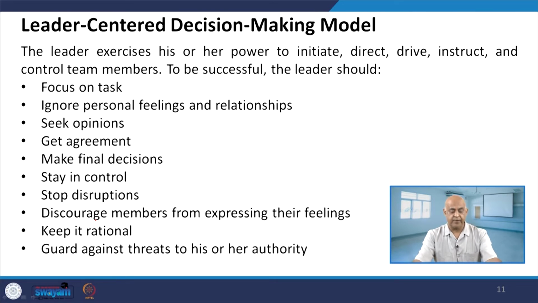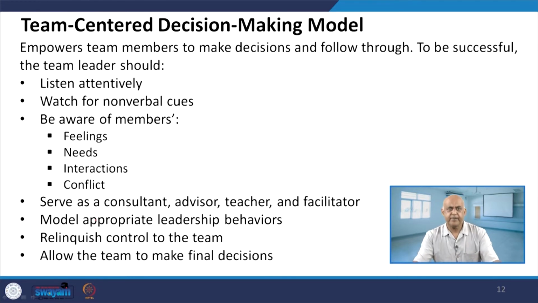The leader purely initiates, directs, drives, instructs and controls the team members. So, the leader exercises his power, and whenever he exercises his power, he will also give direction to the solutions to the problems. That was the leader based model.